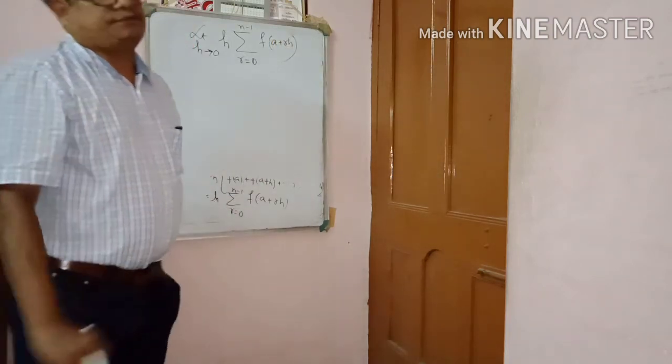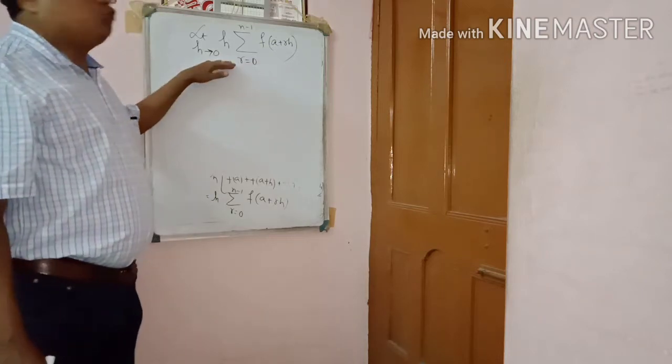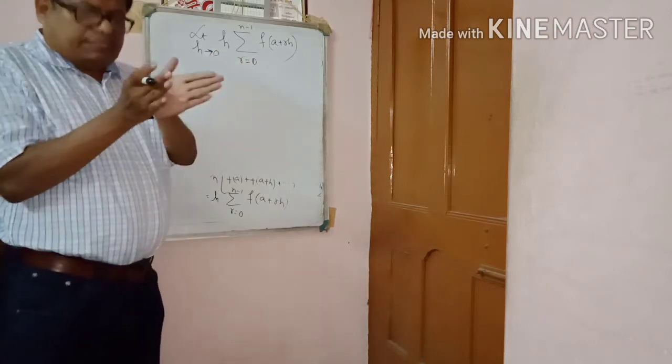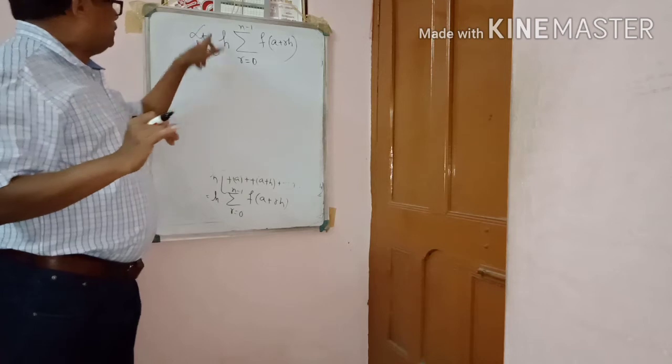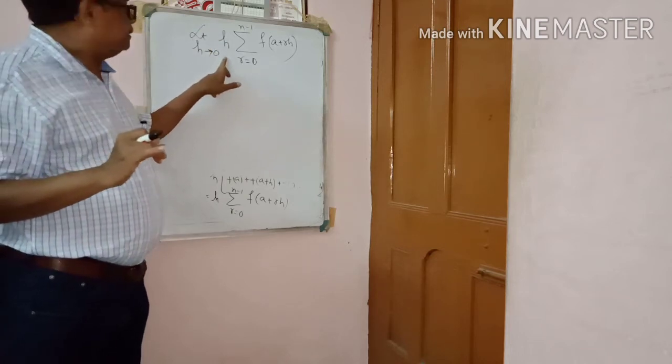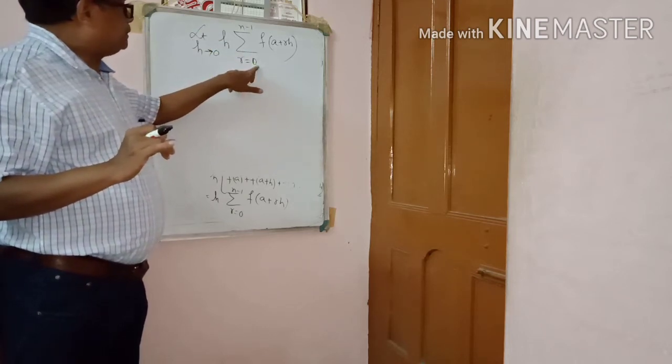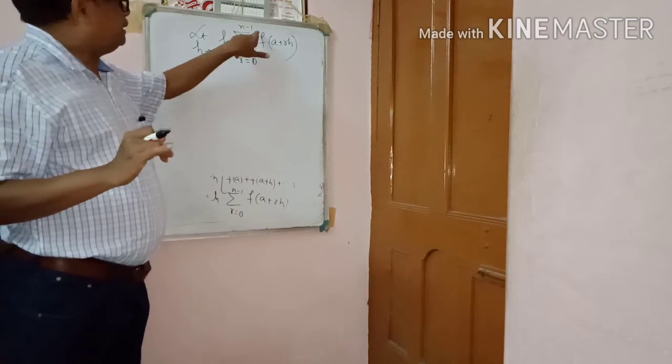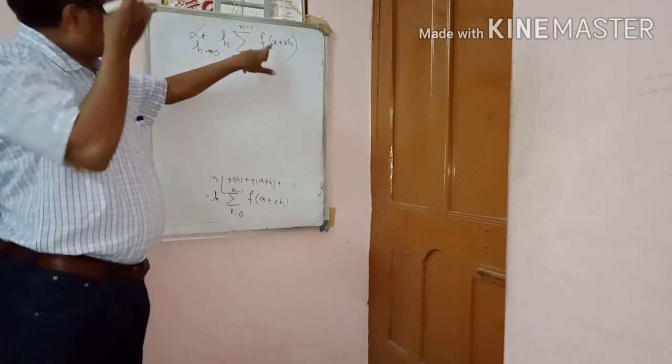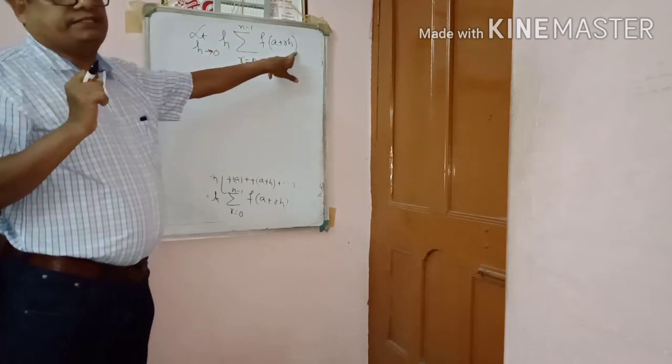If the limit h tends to 0, very close, very small, h into summation r equal to 0 to n minus 1 f of a plus r h.